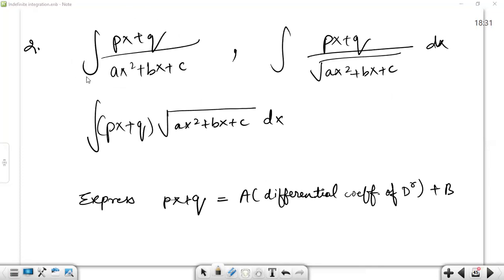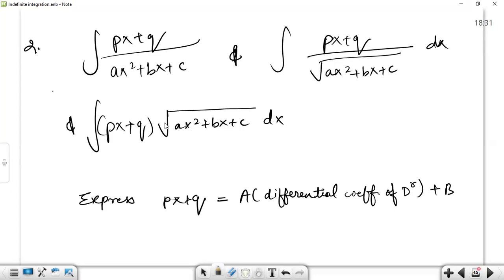Okay, so this is another format. Here in the denominator, there is a quadratic expression, and in the numerator, there is a linear expression. And this same method will be applicable in this format also, and also on the one where these two are getting multiplied.